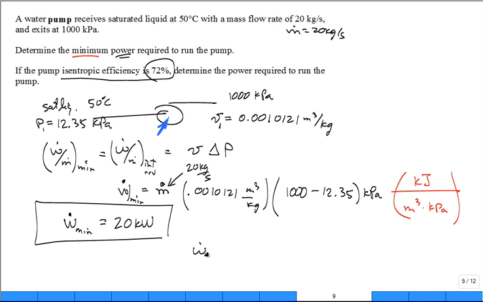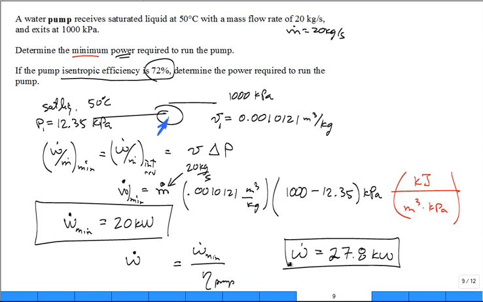Is W dot minimum divided by the efficiency of the pump equal to W dot actual? It is. And so you calculate that 27.8 kilowatts are required to drive the pump. Does that look okay? All right.